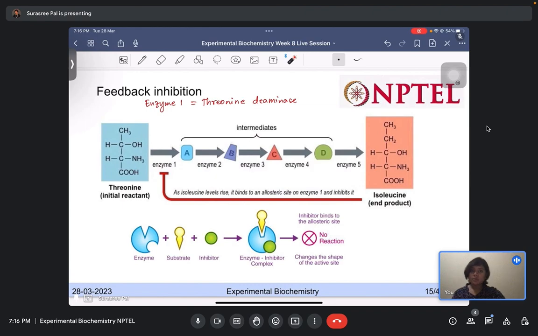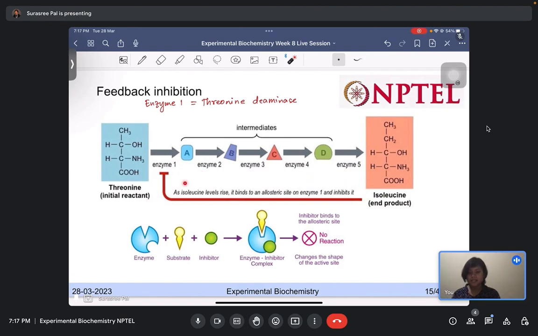So feedback inhibition is nothing but when there are multiple enzymes, we can see, and this is the threonine. The threonine is the initial reactant, and the enzyme 1 is threonine deaminase. So threonine is converted to isoleucine. Threonine is an amino acid which is converted to isoleucine, right? This is the overall reaction. Now there are multiple steps in it.